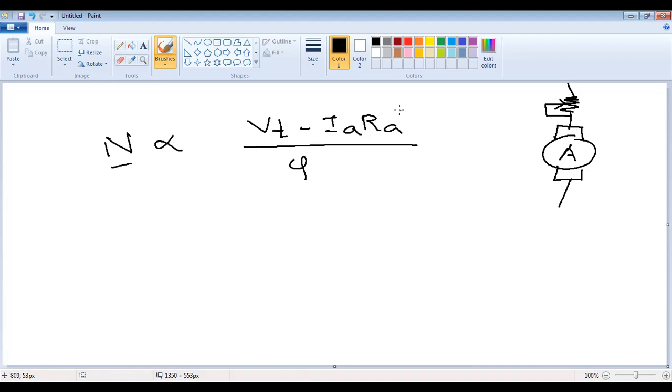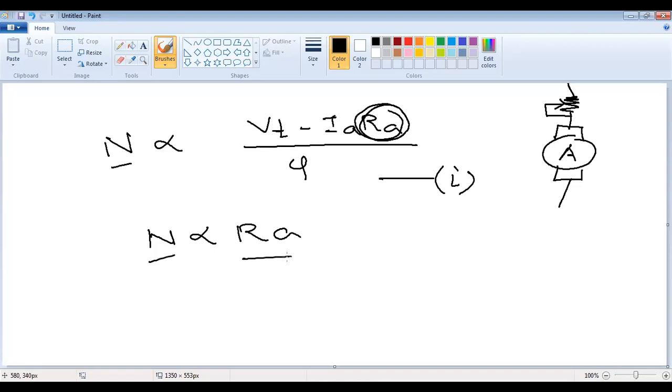If we increase the resistance here, then in this equation we can clearly say that N is proportional to Ra. Yes or no? From equation 1, the speed of the motor is proportional to the armature resistance.